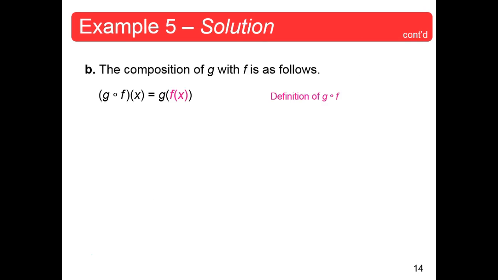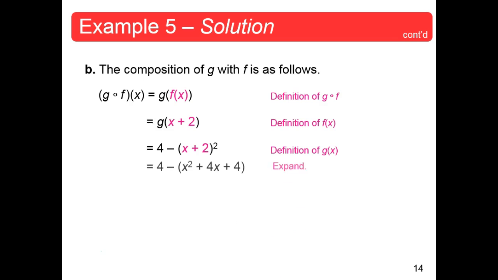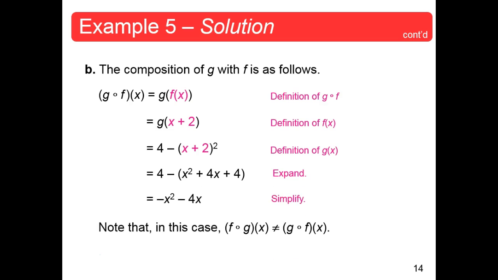Then the g composed with f of x is g of f of x. This time you plug in the f of x first, g of x plus 2, and the g function said start with 4, subtract from it whatever's in parentheses, squared. We squared that binomial, and we subtracted, and you got minus x squared minus 4x.